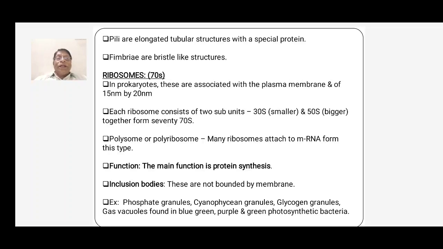Ribosomes of 70S are characteristic of prokaryotes. Okay. Now, in prokaryotes, these ribosomes are sometimes associated with the plasma membrane, and even with mRNAs, and form polyribosome.